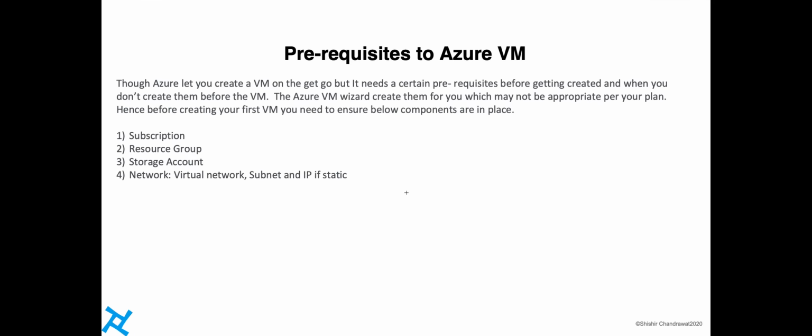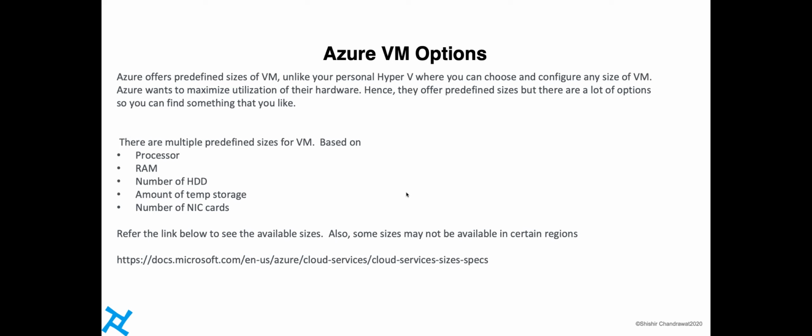Now Azure VM options. Azure offers predefined sizes of VM. Unlike your personal Hyper-V where you can choose and configure any size of VM, Azure wants to maximize the utilization of their hardware. Hence, they offer predefined sizes, but there are a lot of options. So you can find something that you like or something really close to it.